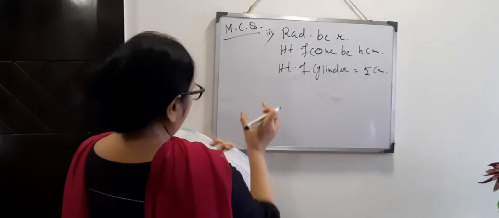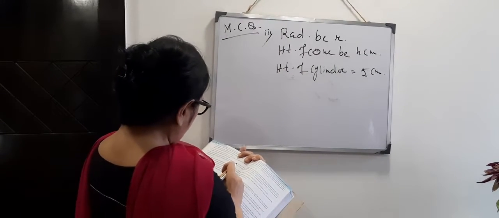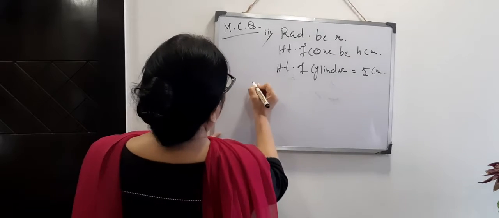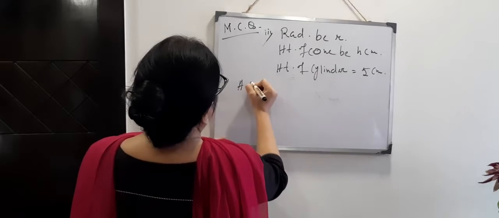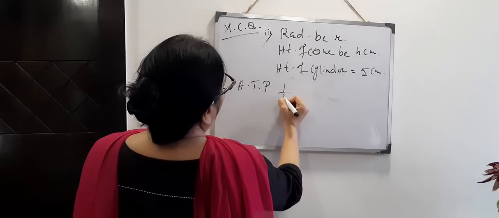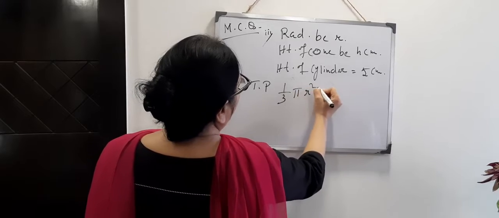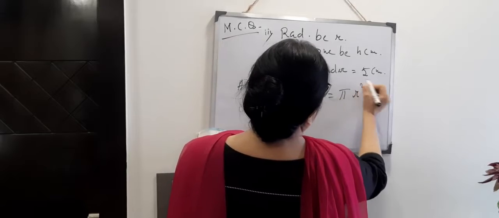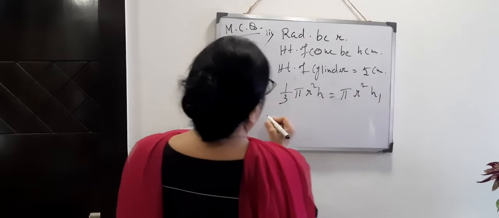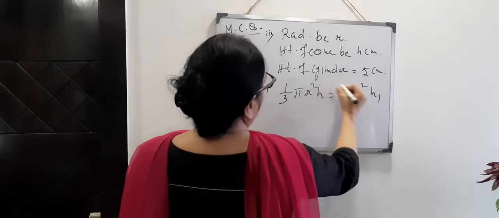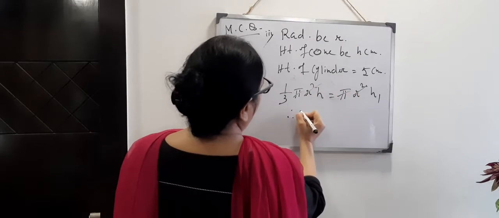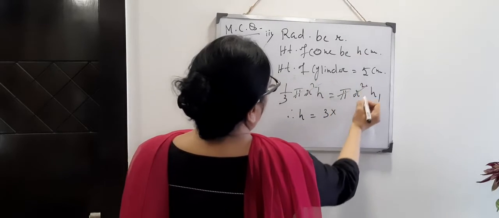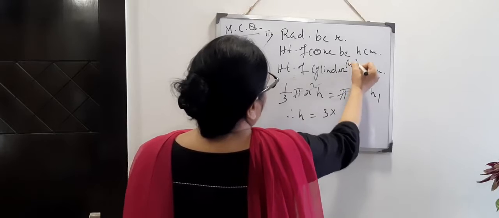So when the cone is melting and a cylinder is made, so their volumes are equal. So according to the problem, volume of cone 1/3 pi r square h equals to volume of cylinder pi r square h1, or pi you cancel, r square same cancel, therefore h equals to, we are getting 3 into h1, this 5.